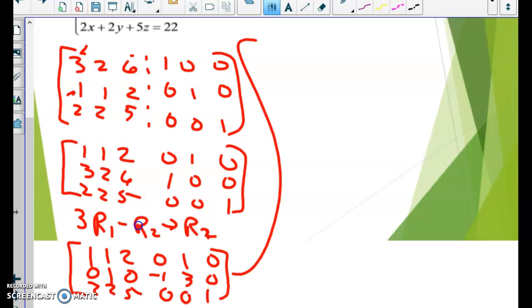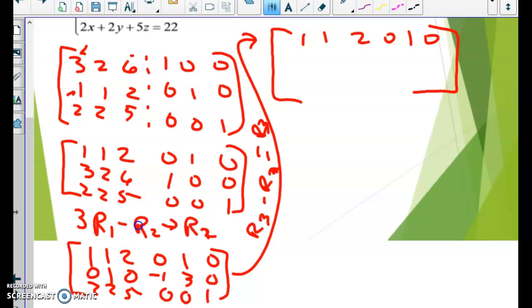And I'm going to move up here, and in my move I'm going to take row 3 minus 2 times row 1, and I'm going to put that back in row 3. So my first row stays the same, second row stays the same, and my third row becomes 2 minus 2 row 1, which gives me a 0. That's good.